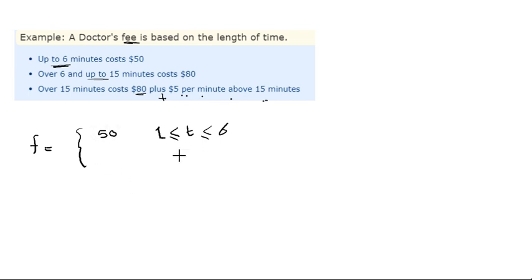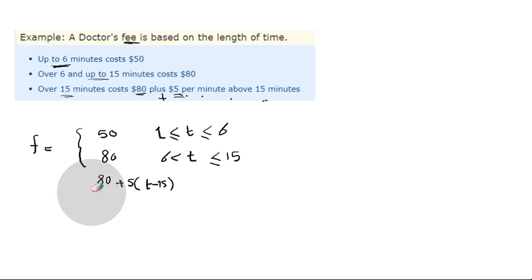If your time is between 6 and up to 15 minutes, where up to means 15 is included, this is going to cost you $80. For more than 15 minutes, you're going to pay the fixed value 80 plus $5 for each extra minute. That means you are going to pay $5 multiplied by time minus 15.